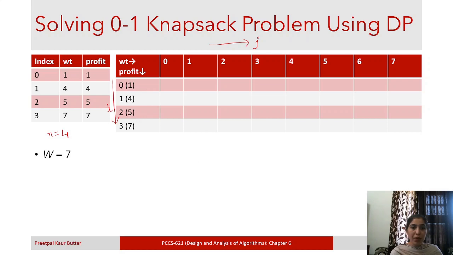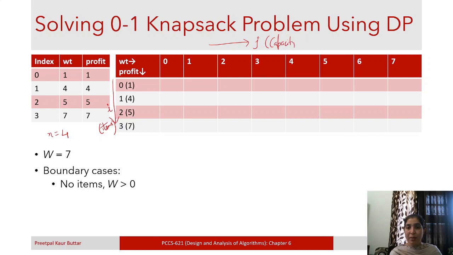Okay, so profit of the 0th item, first item, second item, and third item, right? And now let us see the boundary cases. Boundary cases are when you have no items. I here stands for items, and J here stands for the capacity or weight of the knapsack.